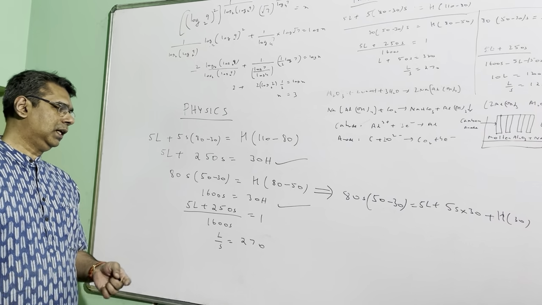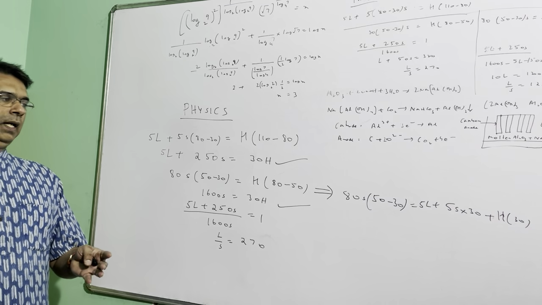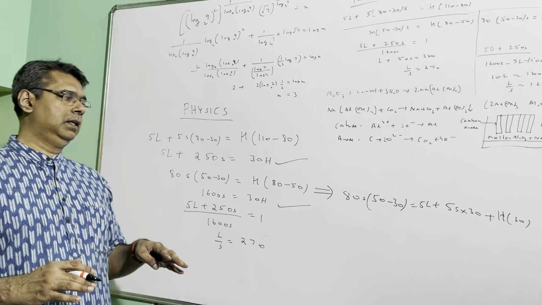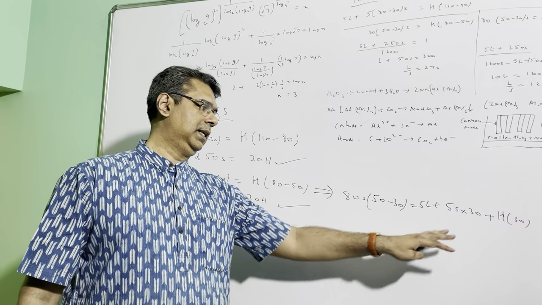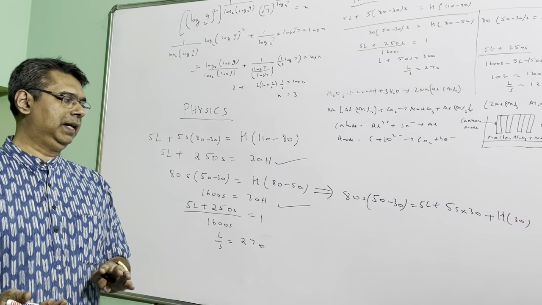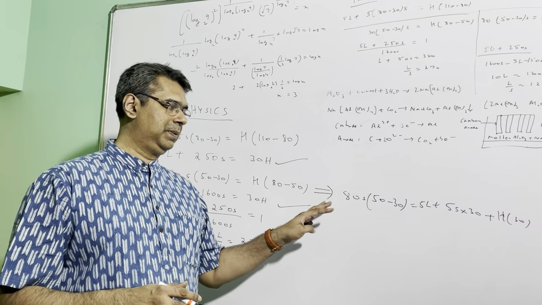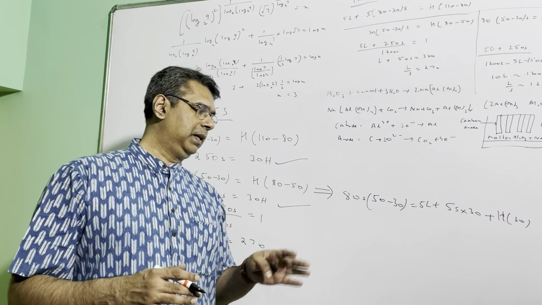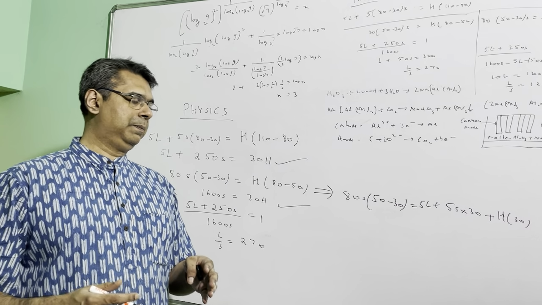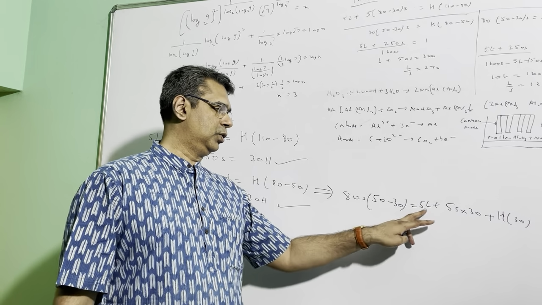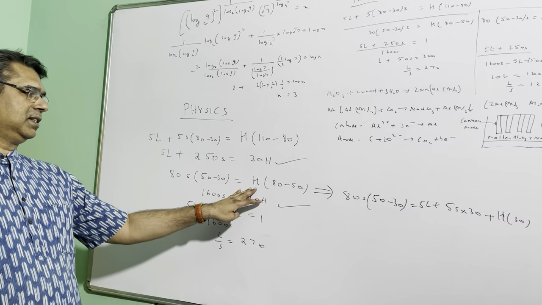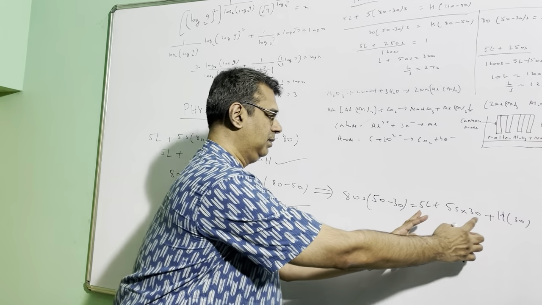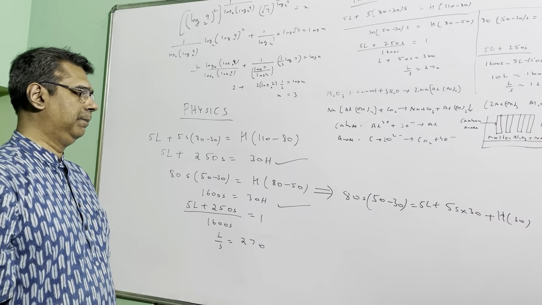So if you don't allow the vapor to escape, if you close the calorimeter, the vapor will be contained inside, and therefore in the second case, when more 80 grams liquid is being added, the vapor will also participate in liberation of heat. So you will have to factor that in the equation.